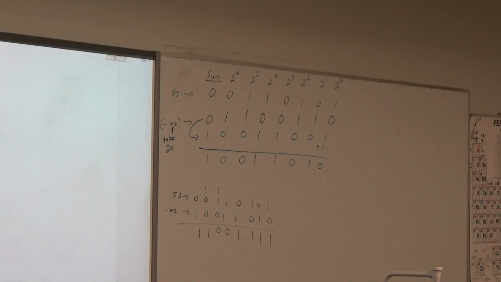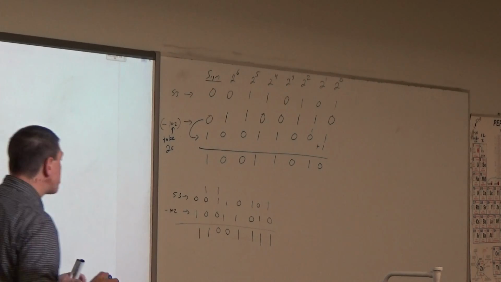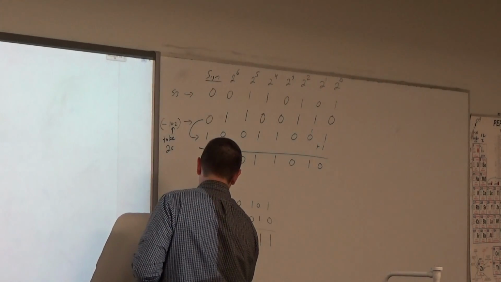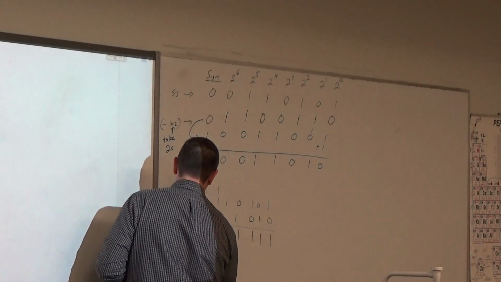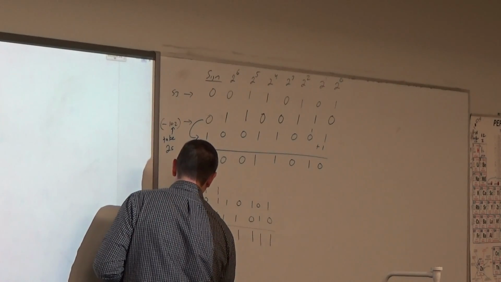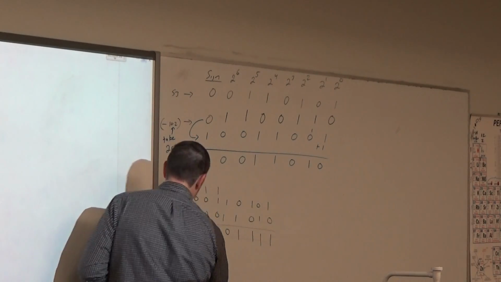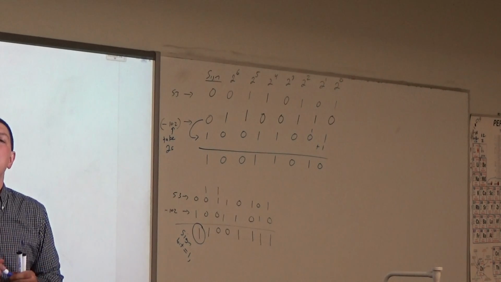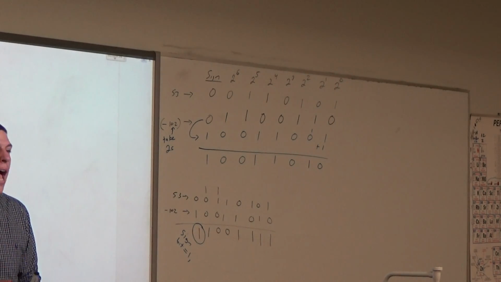Now, let's say the computer wants to print this out. What it's going to have to do is, because the sign bit is a 1, it's reported as negative. So sign bit equals 1. That means that we have to take the 2's complement of that number.